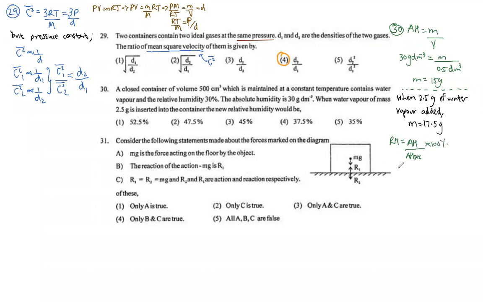Initially, the relative humidity was 30 and the absolute humidity was 30 g/dm³, and the absolute humidity of saturated vapor we don't know. We'll just take it that way, into 100.